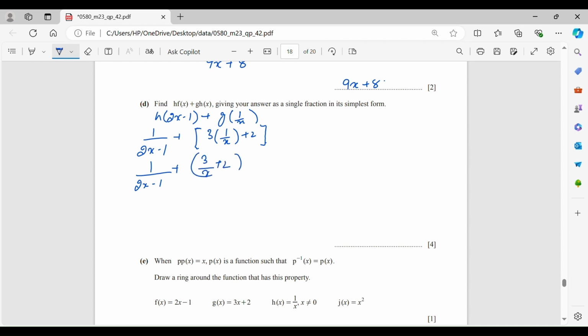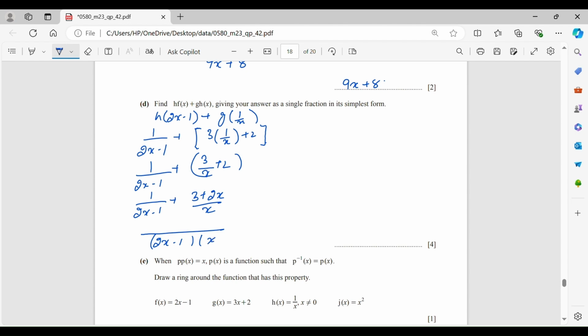This is 1 over 2x minus 1 plus 3 plus 2x by x. Now take the LCM, that is 2x minus 1 into x.